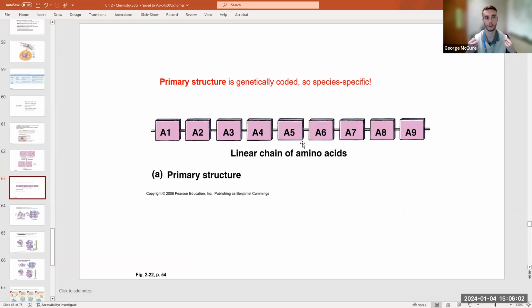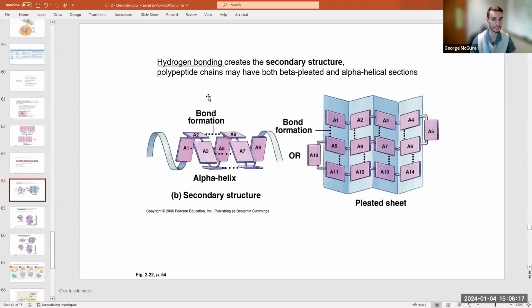After the RNA has been translated and the ribosome has attached each of the amino acids that were coded for in that RNA, we now have this long chain of amino acids. But the protein is not functional in this form. So immediately after release, the amino acids in that linear chain are going to start forming those hydrogen bonds, those magnetic interactions with each other, to give them their secondary structure.